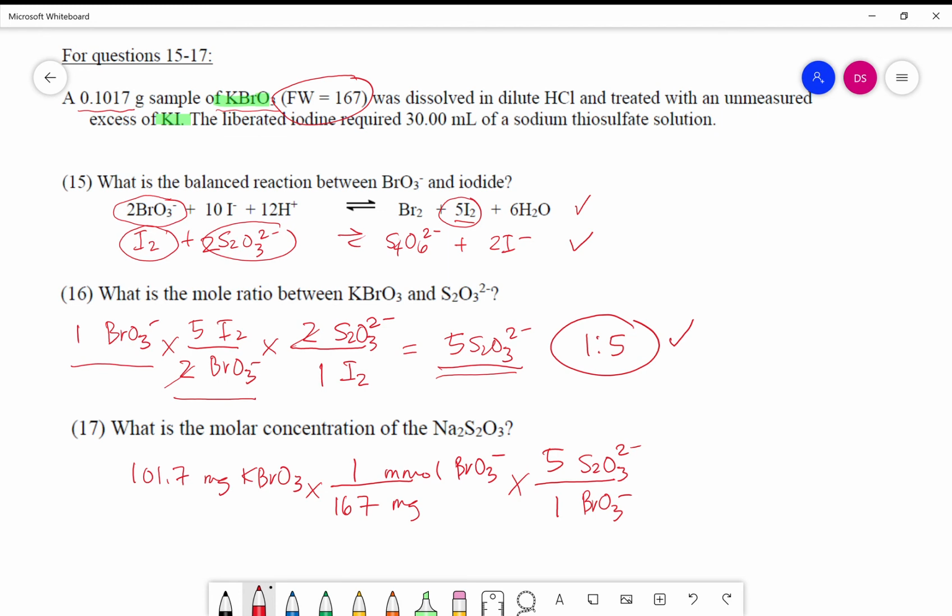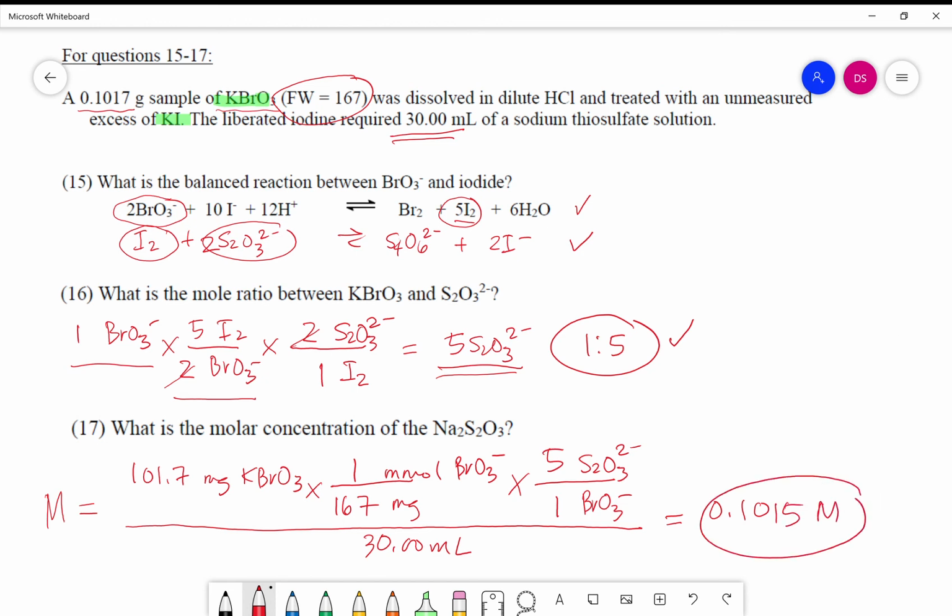And so if molarity is millimole over volume, this is already millimole of thiosulfate, right? So if you divide that by the volume of thiosulfate, which is 30.00 mL, then you get the final concentration, which is 0.1015 molar. So that's the answer for question 17.